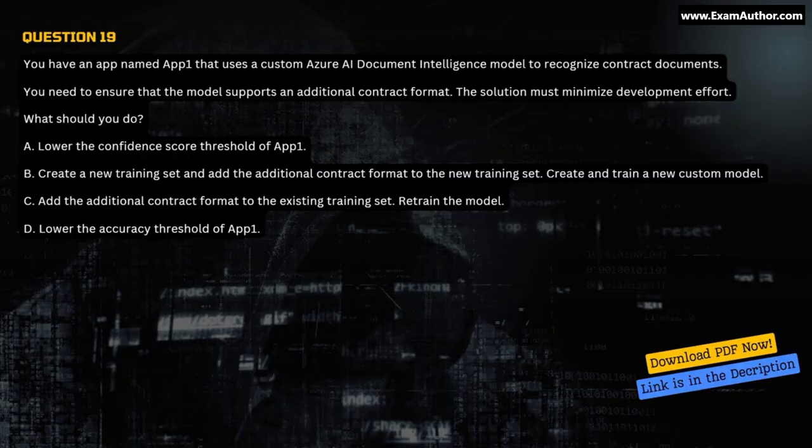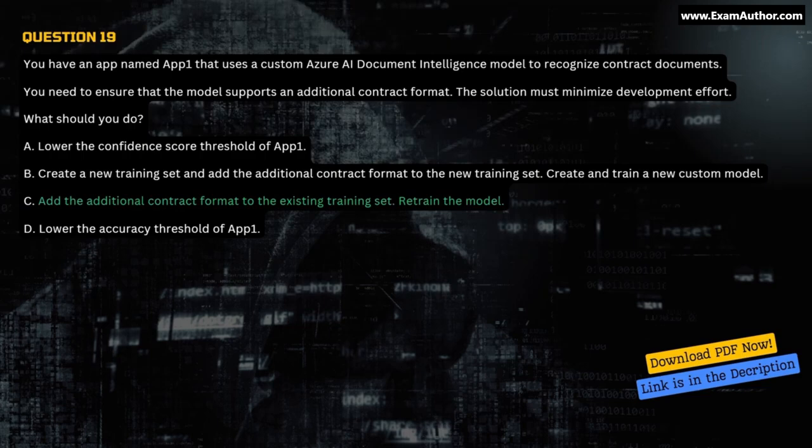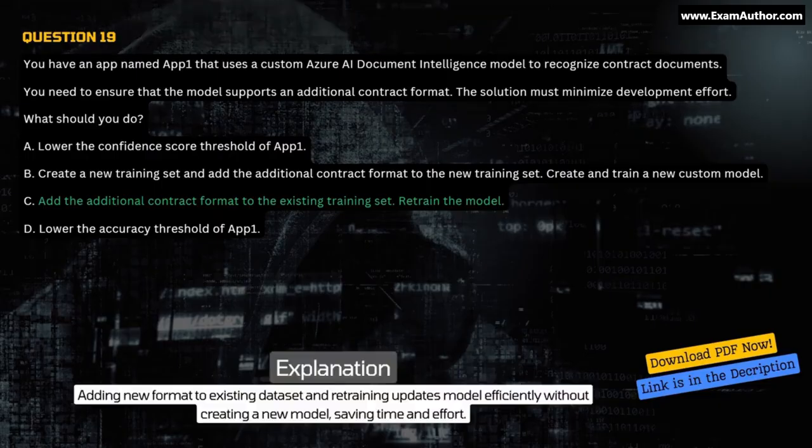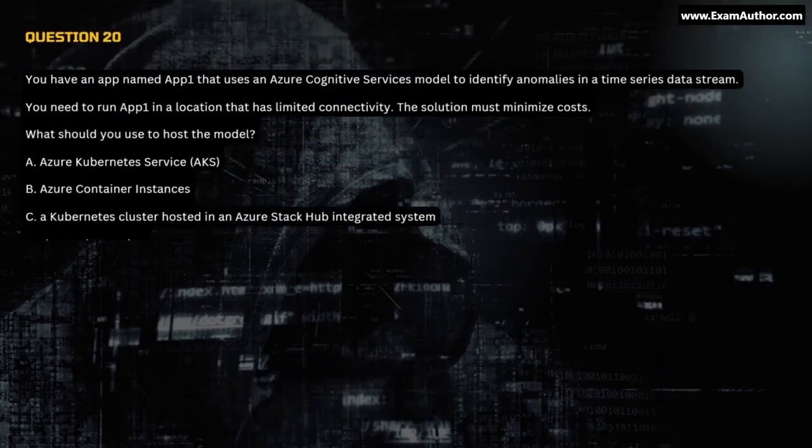C. Add the additional contract format to the existing training set. Retrain the model. D. Lower the accuracy threshold of App1. Correct answer, C. Add the additional contract format to the existing training set. Retrain the model. Explanation. Adding new format to existing dataset and retraining updates model efficiently without creating a new model, saving time and effort.